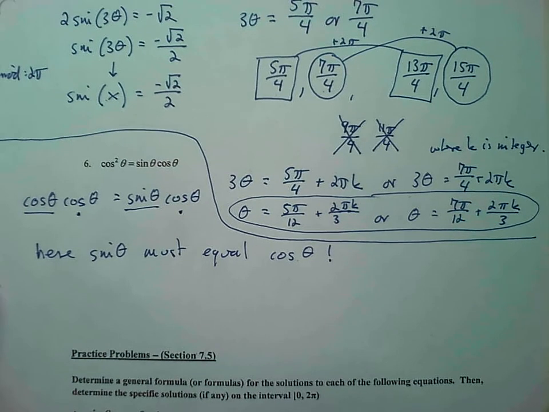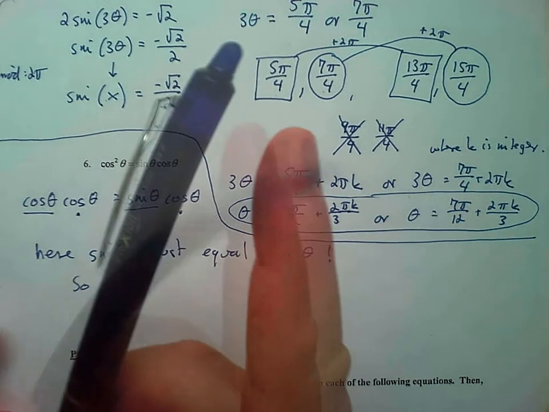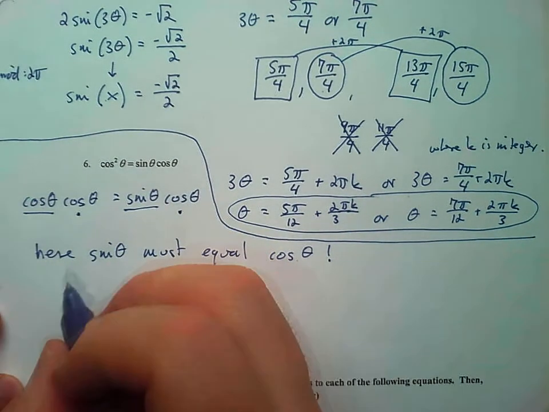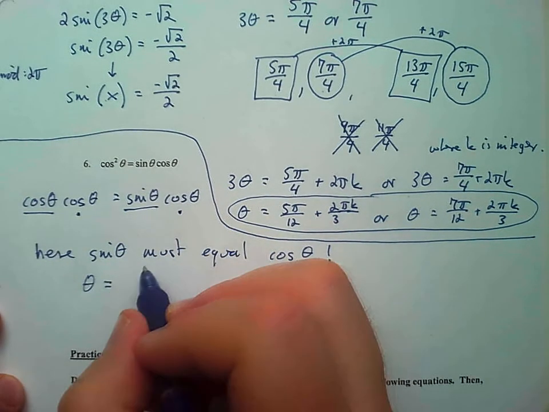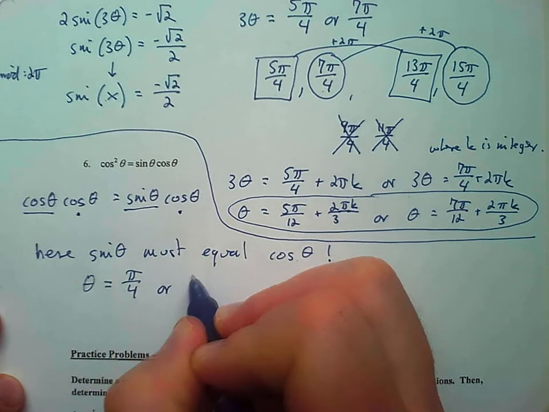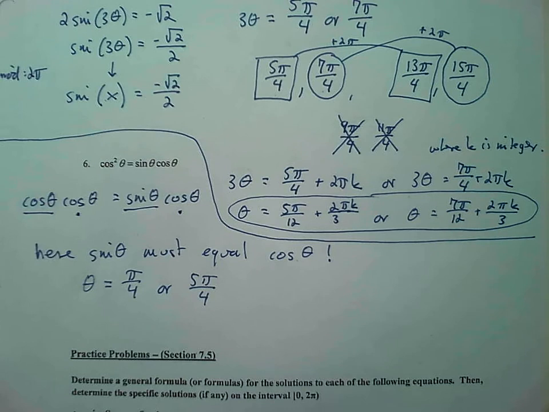Now, where does the sine of theta equal the cosine of theta? So therefore, we're going to say that these two things are equal when theta is equal to pi over 4 or 5 pi over 4 on the interval that we're looking at from 0 to 2 pi.